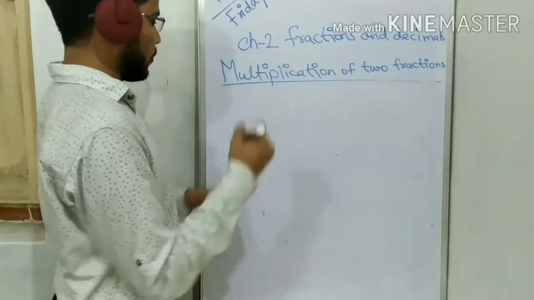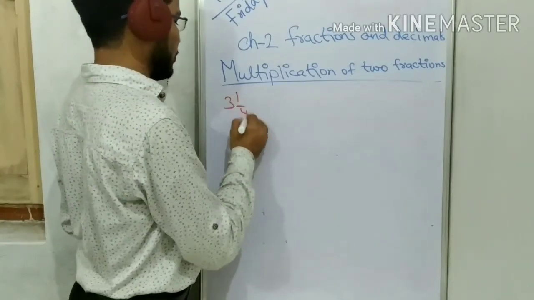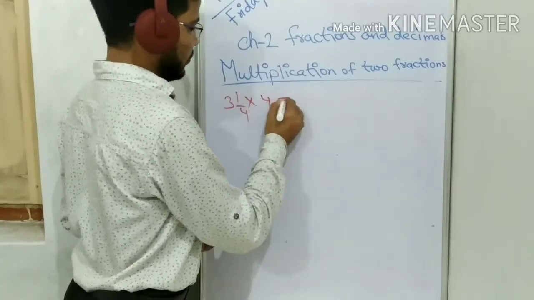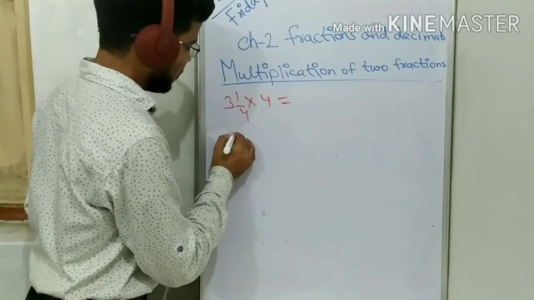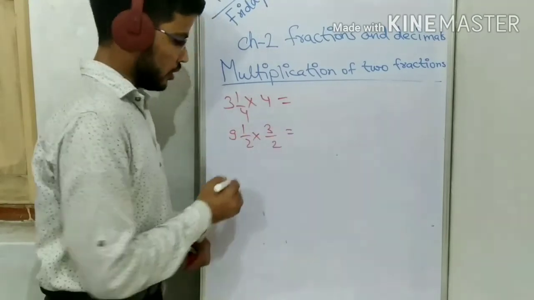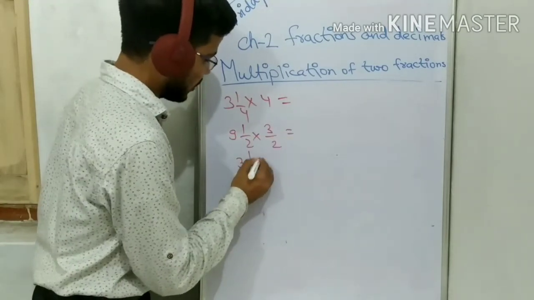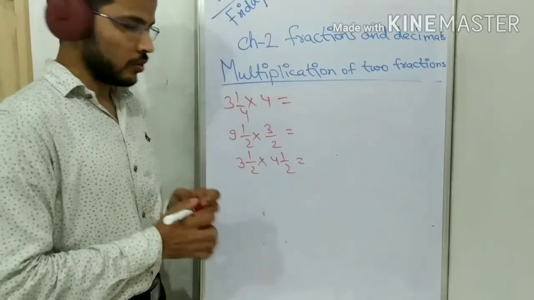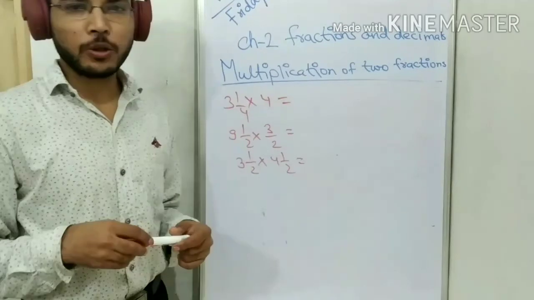See, if fractions are given like this: 3 1/4 multiplied by 4, or questions like this: 9 1/2 multiplied by 3/2. Okay, 3 1/2 multiplied by 4 1/2. So these are the types of problems.